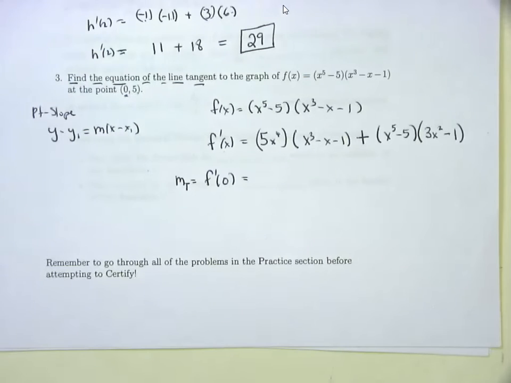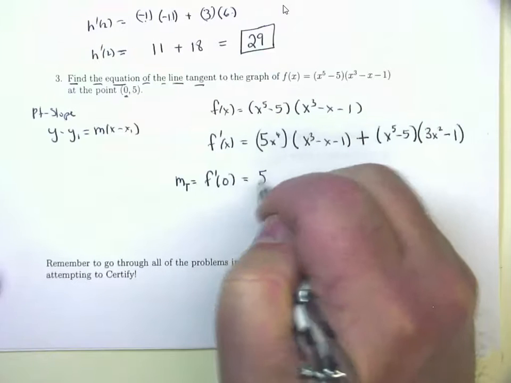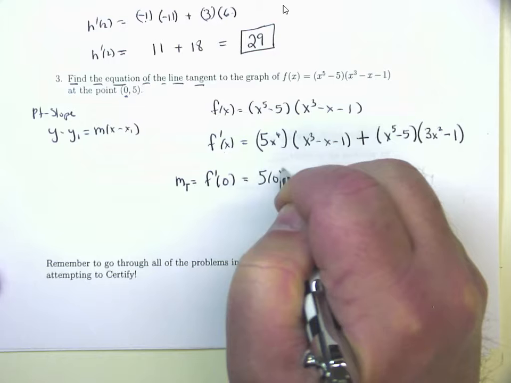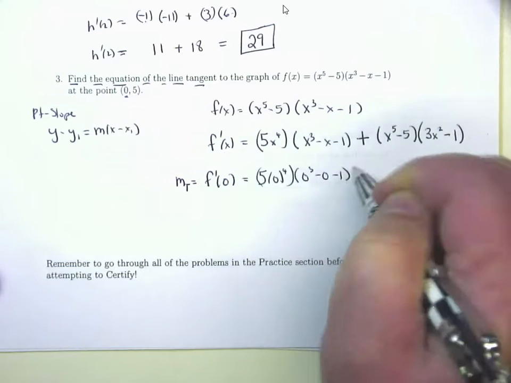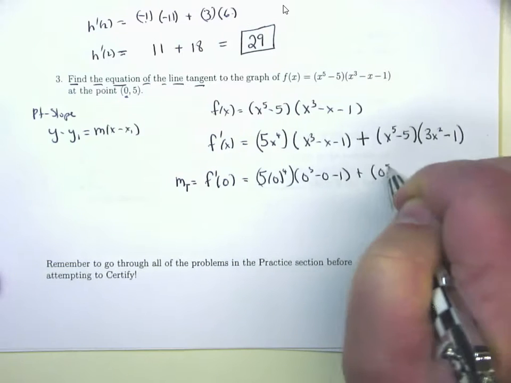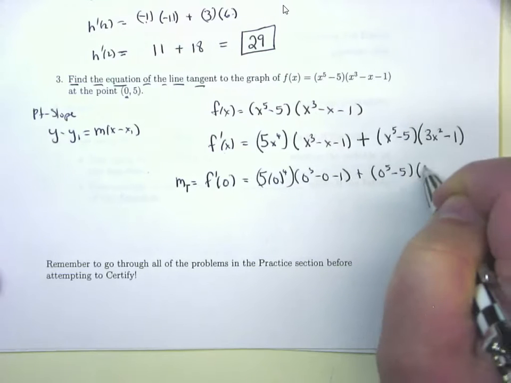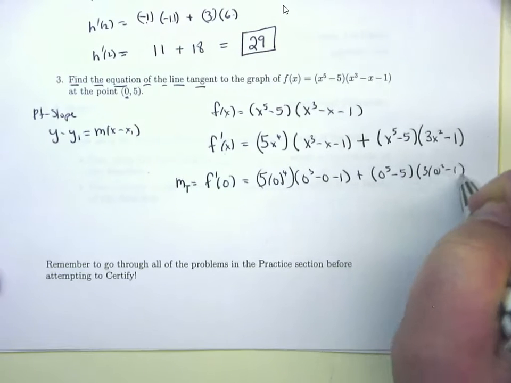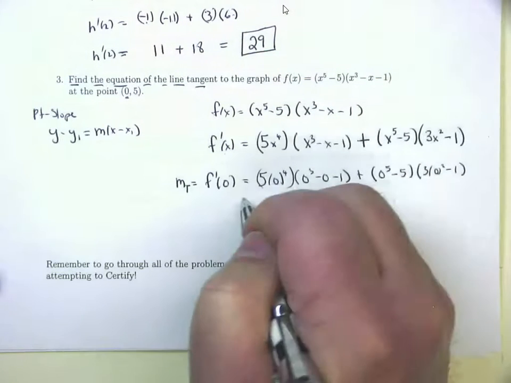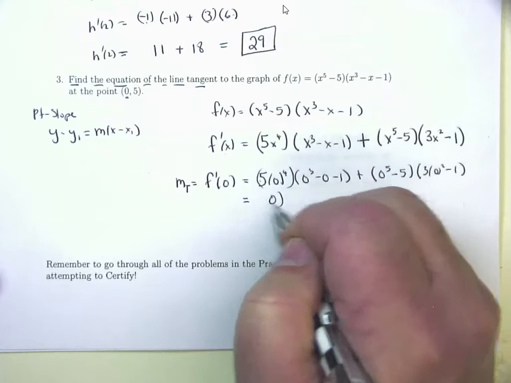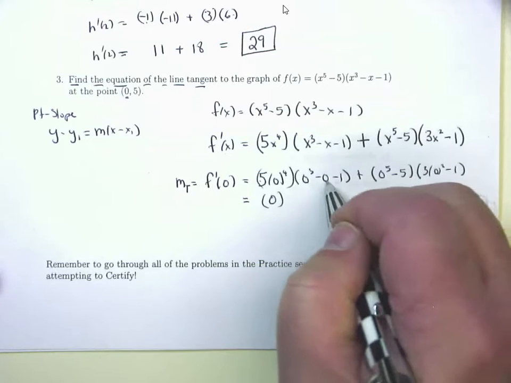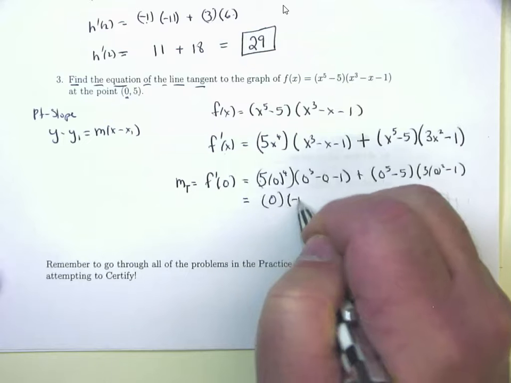Okay? So, here we go. I'm going to plug 0 into this thing. This gives me 5 times 0 to the fourth times 0 cubed minus 0 minus 1 plus 0 to the fifth minus 5 times 3 times 0 squared minus 1. When I clean this up, 0 to the fourth is 0 times 5 is 0. 0 cubed is 0, minus 0 is 0, minus 1 is negative 1.